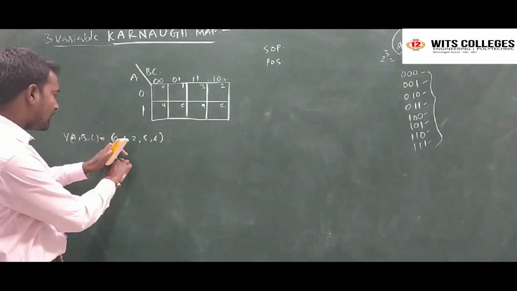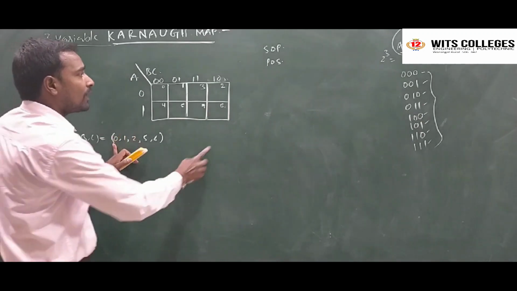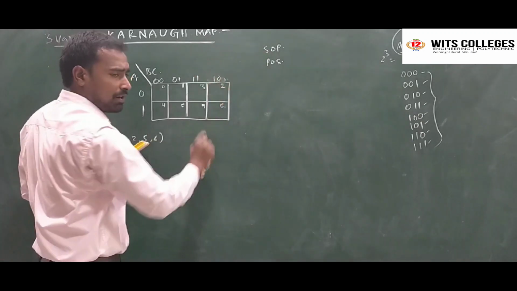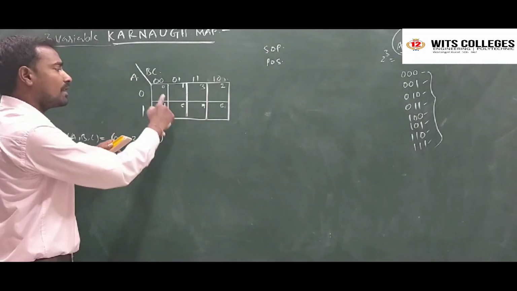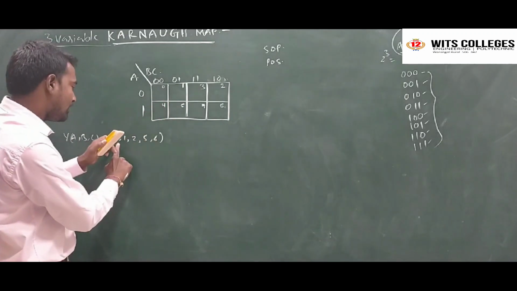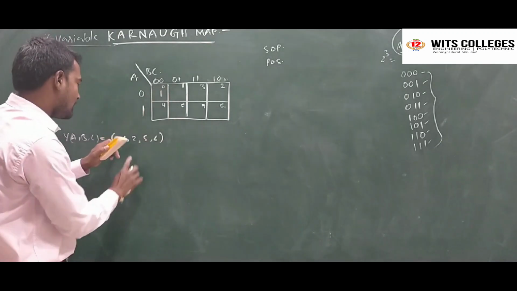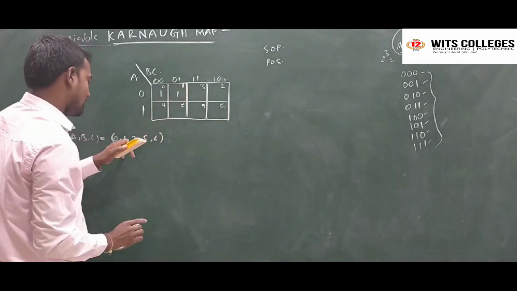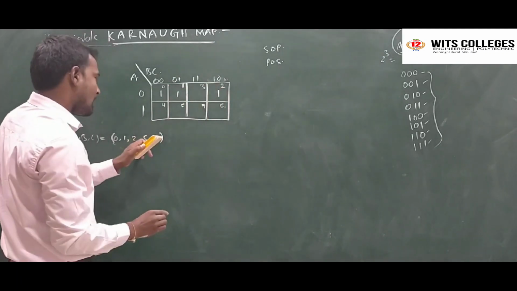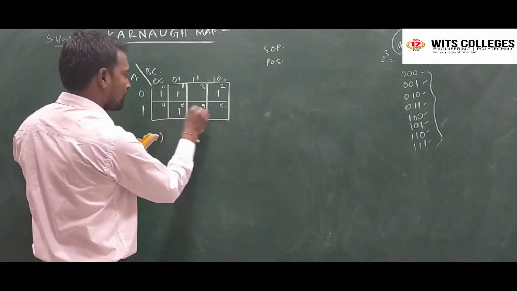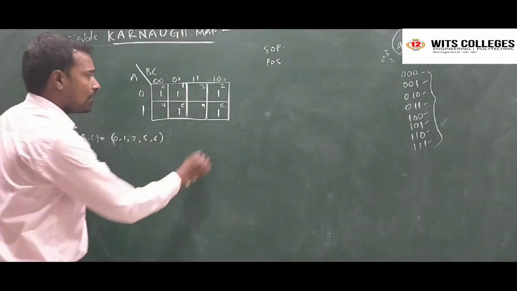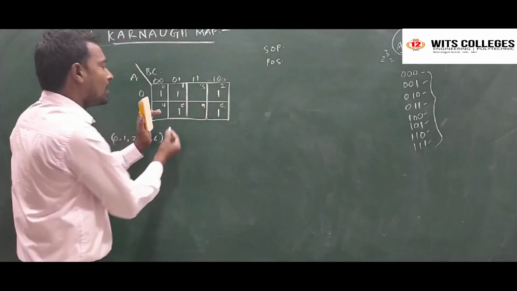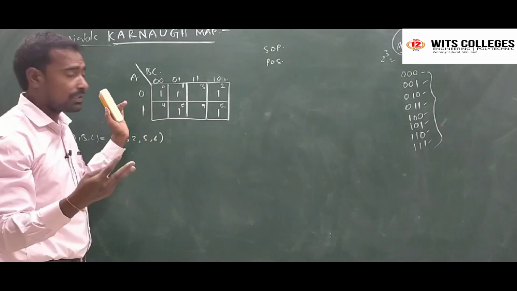So the given terms are 0, 1, 2, 5 and 6, and we are solving this problem in the sum of products, so we have to indicate them with ones. So at 0 I am indicating 1, and at 1 I am indicating 1, and at 2 as well, and 5 and 6 are both 1. So we have to take all these variables as three terms.